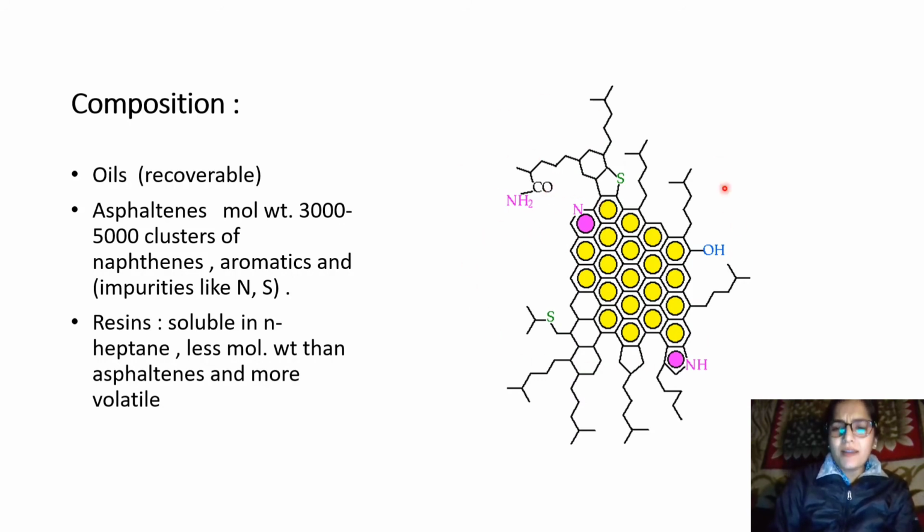These are very bulky molecules, and I will show you how they are present in the oil. They are present in the form of suspension. Another component is resins. Resins are somewhat like asphaltenes, but they are a bit smaller, they are soluble in n-heptane, and they are more volatile. These are the major components of VR.